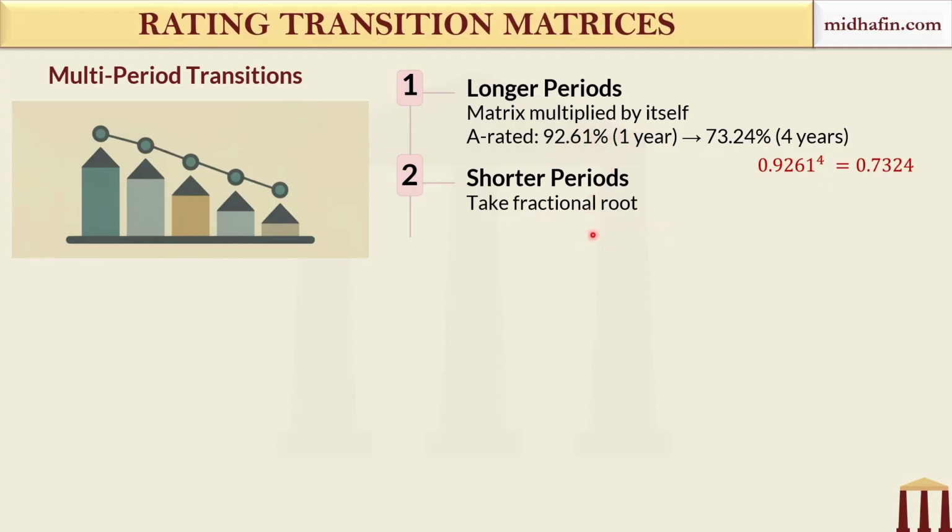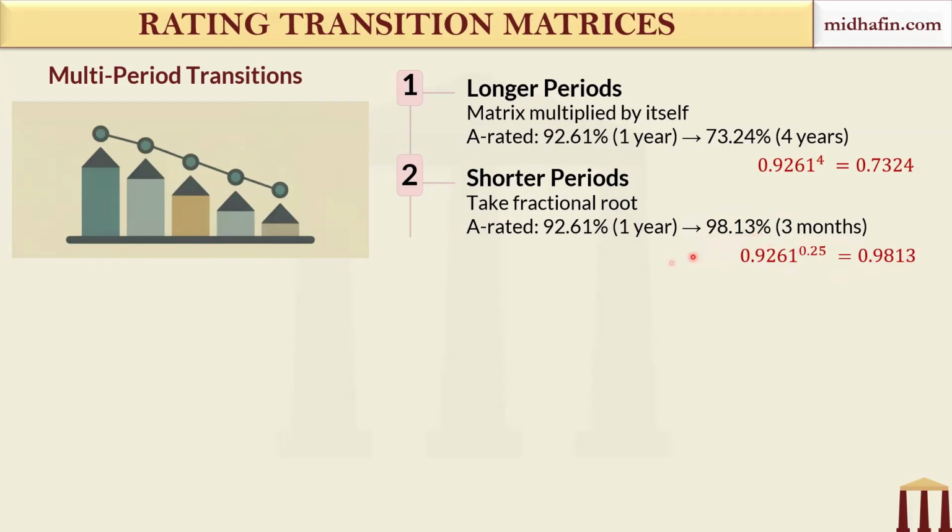And if you want to find out the 3 month probability, we'll have to take the fourth root of that, because 3 months is 1/4 of a year, right? So that's why we'll have to take the fourth root, or raise it to the power of 1/4. So that comes to around 98.13% for 3 months. Okay. So 0.9261 raised to the power 0.25 or 1/4 is 0.9813 or 98.13%.